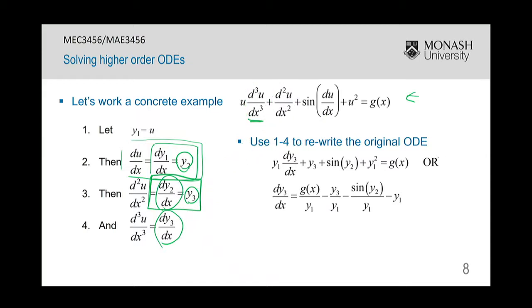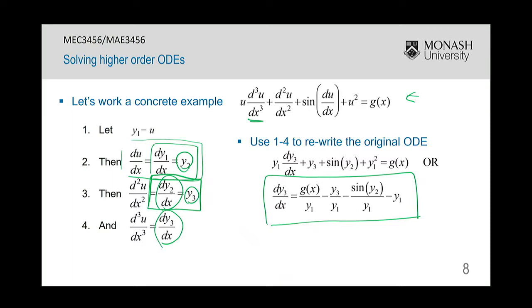We end up with the ODE that equals y1 dy3/dx plus y3 plus sine y2 plus y1 squared equals g of x. If we shift all of these things to the right hand side and divide by y1, we end up with, I guess, what you might call the canonical form of our first order ordinary differential equation. That's dy3/dx is equal to g of x over y1 minus y3 over y1 minus sine of y2 over y1 minus y1.